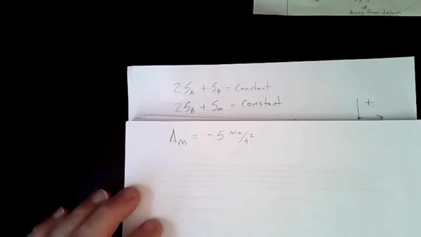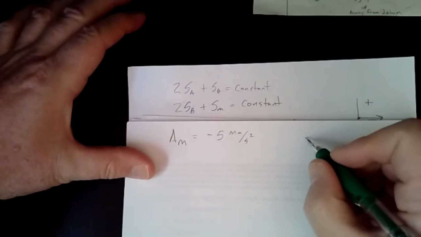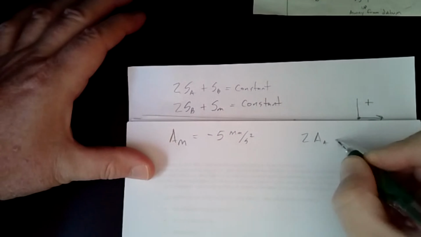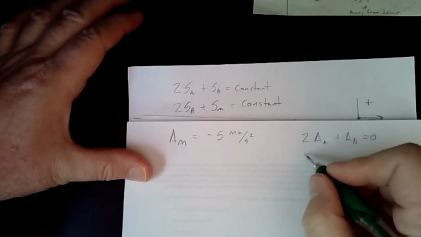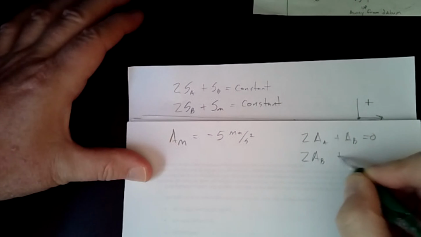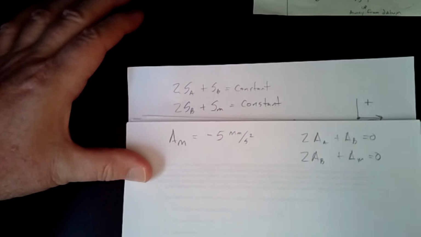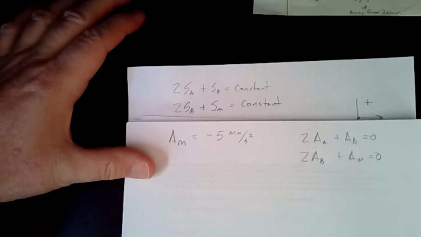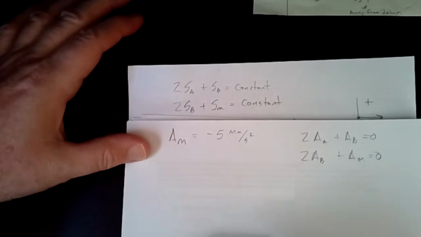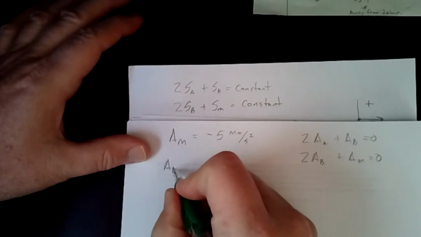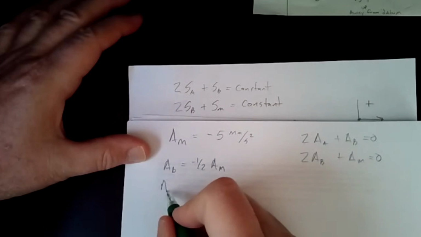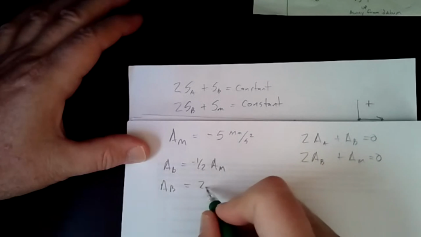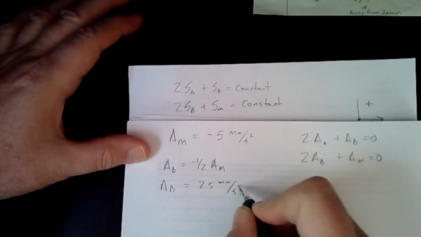All right, so it's just the same idea as before. We know that 2 times the acceleration of A plus acceleration of B equals 0, and 2 times the acceleration of B plus acceleration of M equals 0. And so we get the same relationships as before. We have AB equals -1/2 of AM. Therefore, AB equals a positive 2.5 millimeters per second squared.